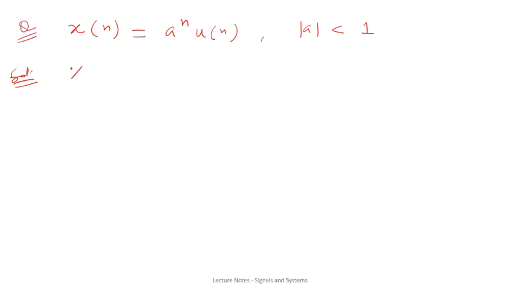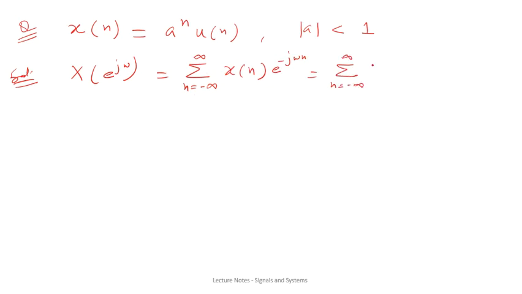So X of e j omega, we write the same relation which was explained in the first slide, the summation of x[n] e raised to the power minus j omega n, and now we put the given signal in this expression. So this is a raised to the power n u[n] e raised to the power minus j omega n.